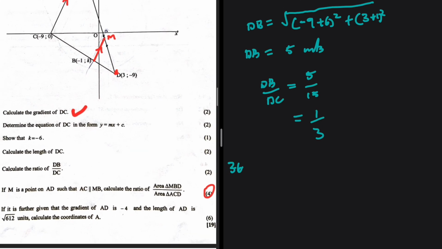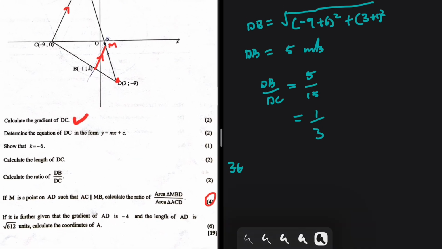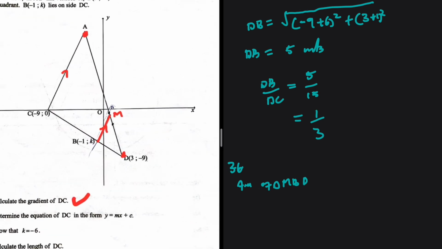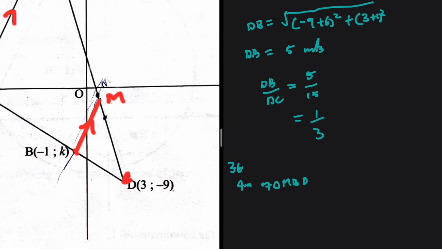But I want the area of this triangle, MBD. So area of triangle MBD. So let's go ahead and take a look at triangle MBD. Let's just highlight triangle MBD, right? It's the smaller one. This is MBD.